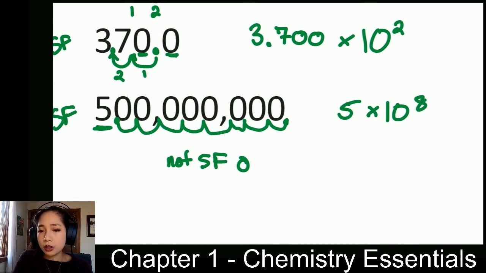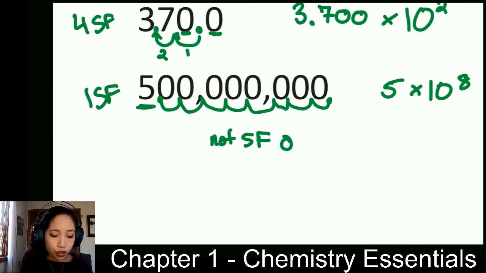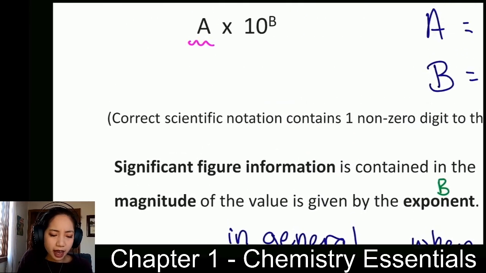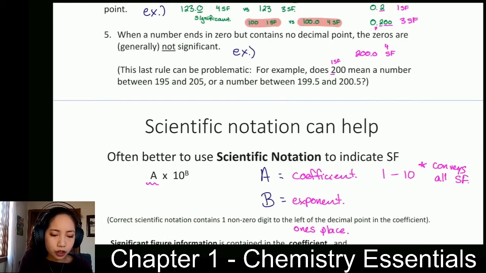But let's say you wanted to express the number 500 million, but to 2 sig figs. How would you do that? Because that brings us to this last point up here. This last rule is problematic for numbers like 200. How can I express that in 1 versus 2 sig figs?